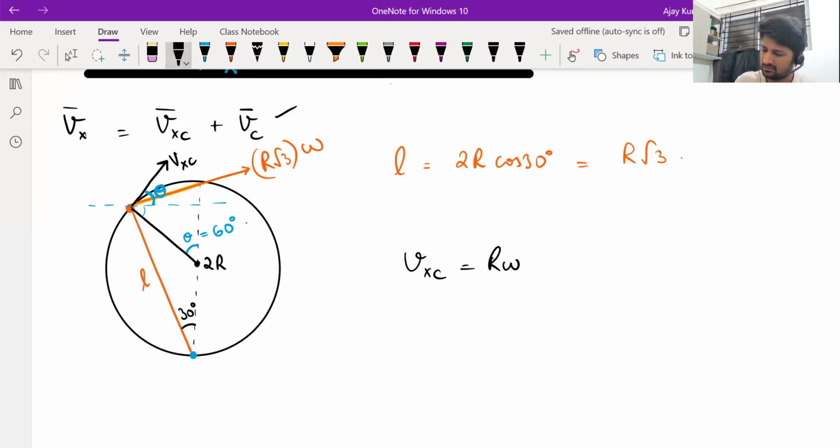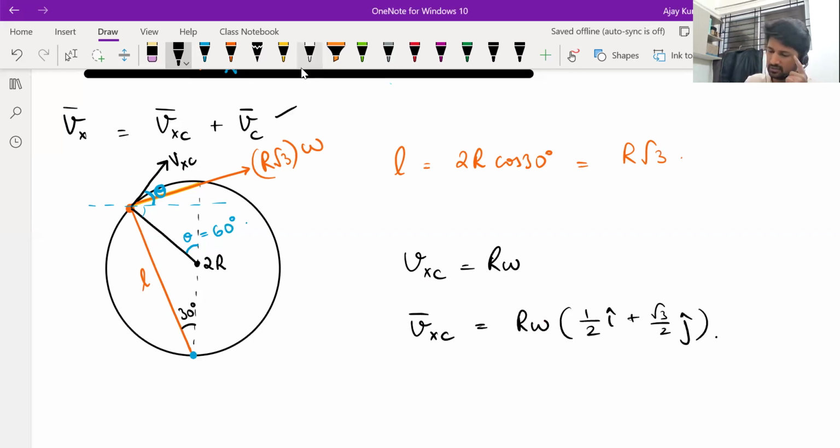Therefore, we can now write it as a vector. Velocity of x with respect to center of mass is r omega into, magnitude is r omega, cos 60, that is 1 by 2 i cap, plus sine 60, root 3 by 2 j cap.